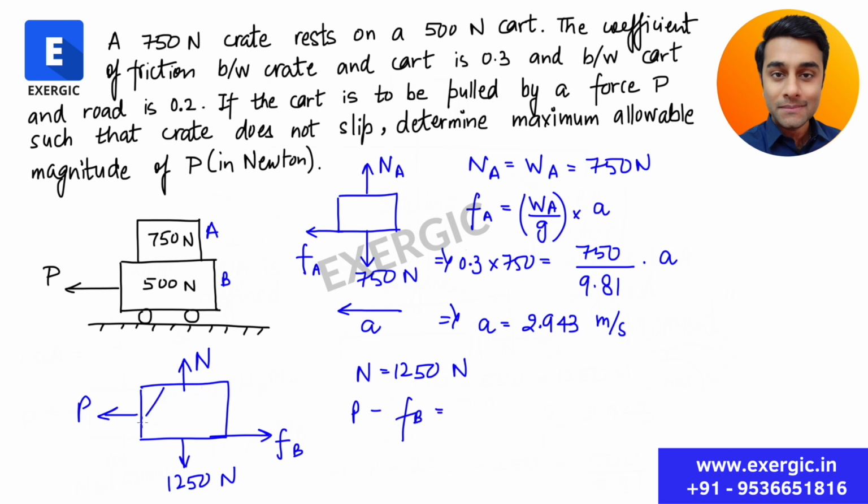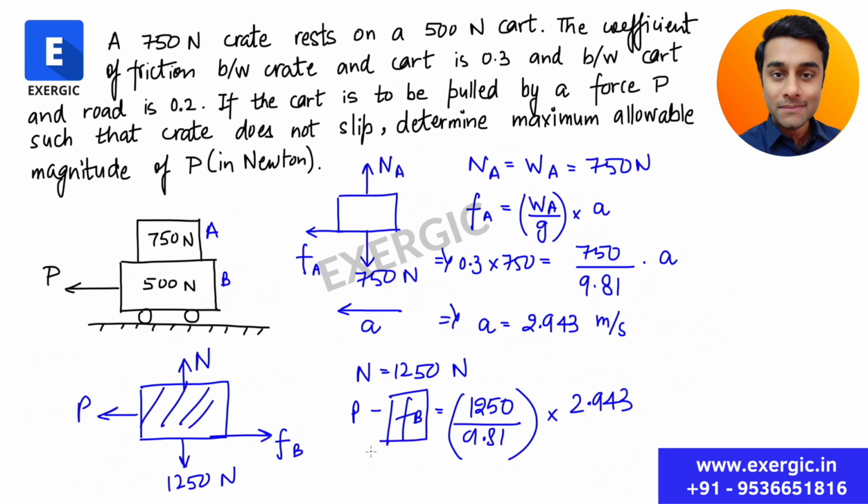But now the mass is the combined mass of 750 and 500 Newton. Combined mass is 1250 divided by 9.81, multiplied by the acceleration 2.943. And now in this expression, if we know FB, then we can easily find out the required value of P.